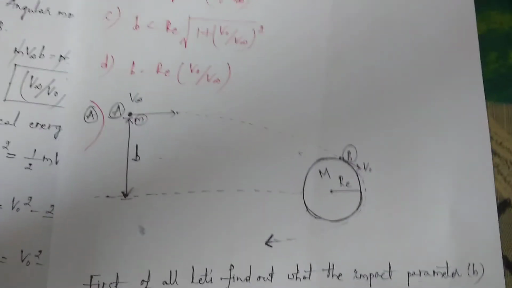So what we have done: we have given the diagrammatic representation of the problem first, and then we have identified that it is a central force, and we have applied angular momentum and conservation of energy.